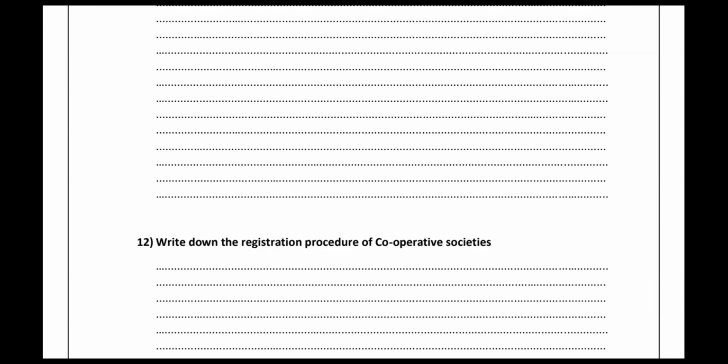But if you are a credit cooperative society, your liability becomes unlimited. Limited credit, yes, Aflal, that's correct. So it's generally limited, but if it is a credit cooperative society, the liability is unlimited. Great.